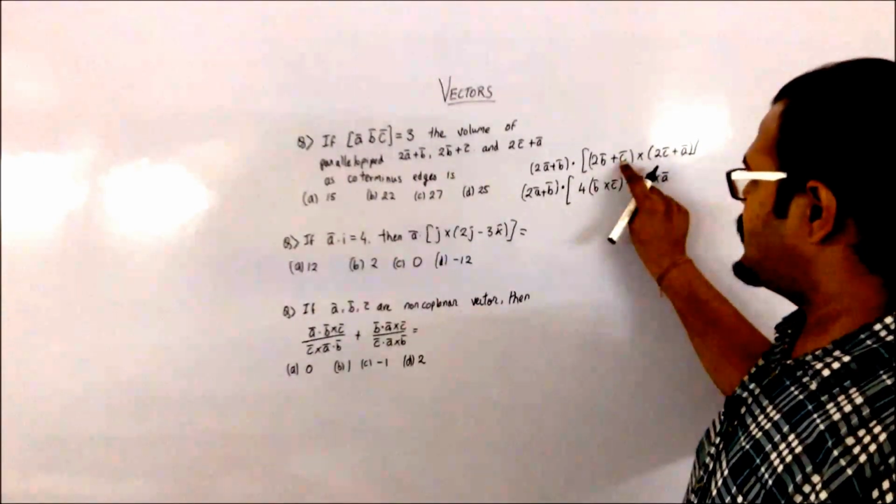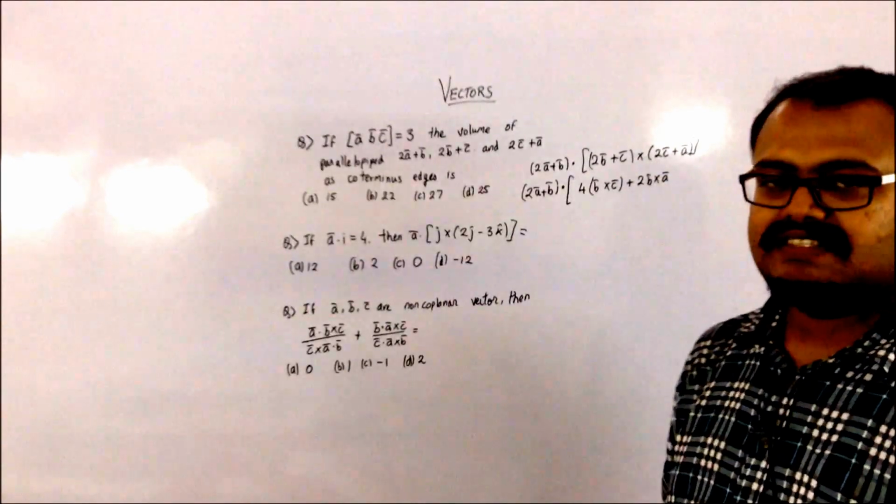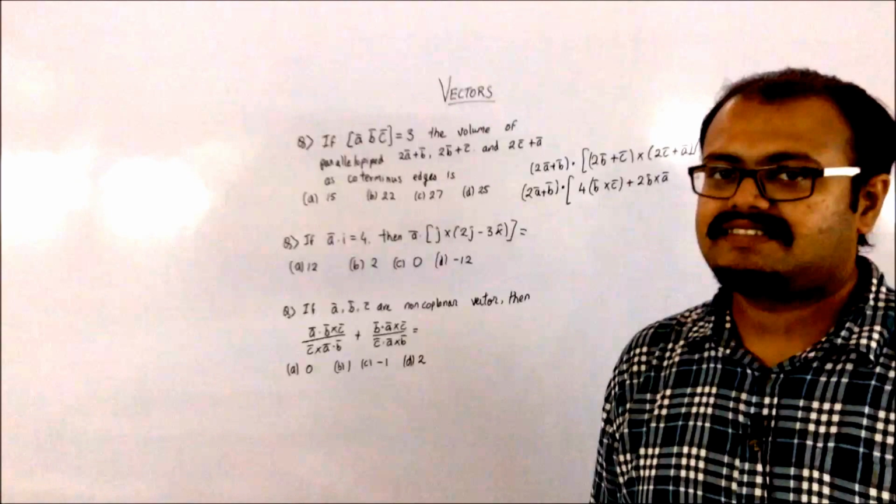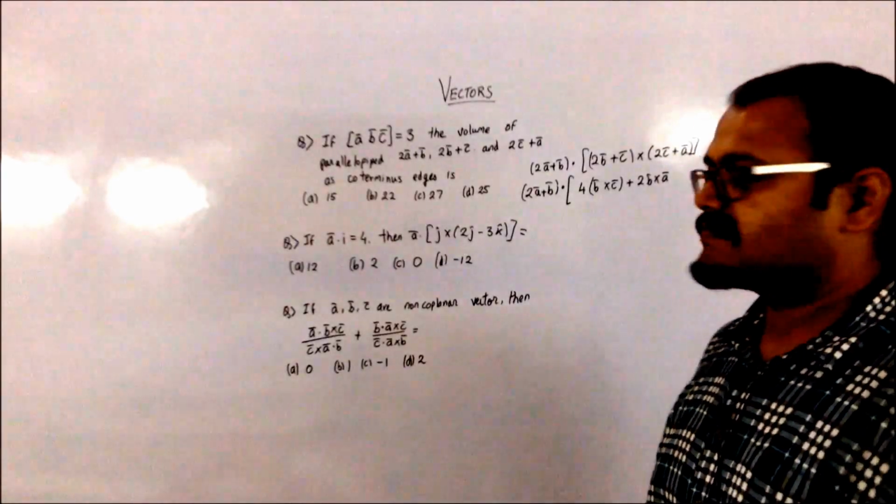Then since you have C cross 2C, which is the same vector, you know that the cross product of the same vector gives you a 0 bar, that means a 0 vector.